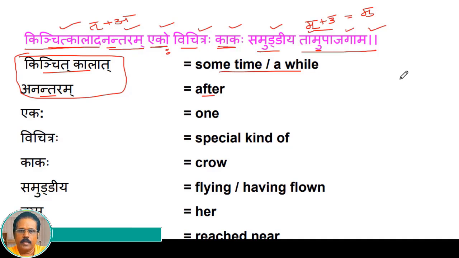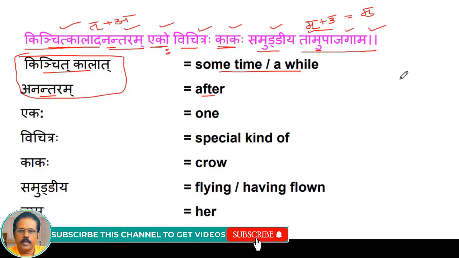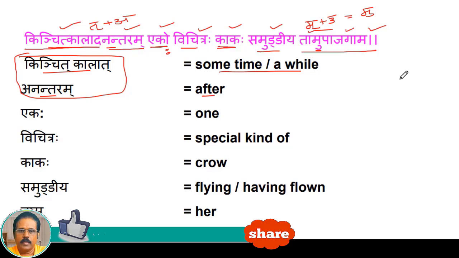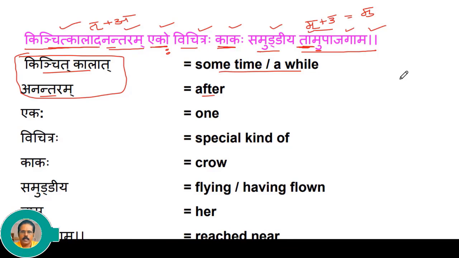One rare crow, Samuddiya, flying, came there. Tam Upajagama. Tam means her. Reached near her. So together the meaning is: one crow reached near her after some time. She was protecting that grain, but one crow came there.